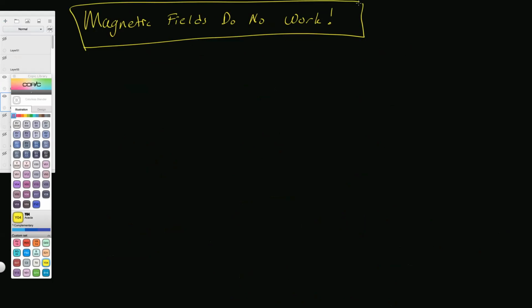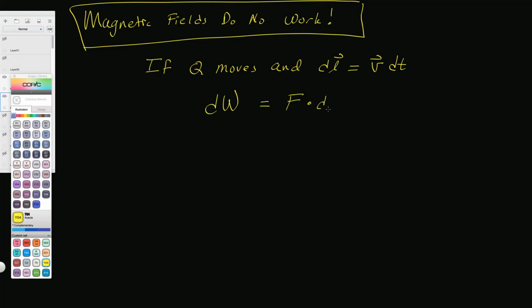So why is this the case? All right, if you have a charge Q that moves an amount, a little vector dl, or dr if you like, that's given by its velocity times dt, right? The work dW is of course F dot dl.